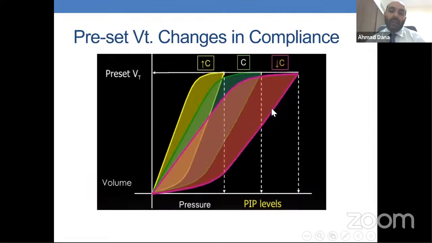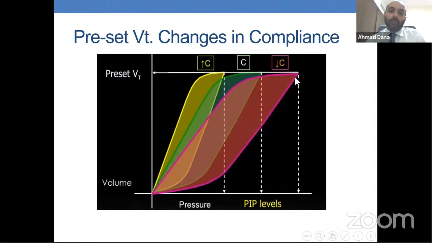Because with time, you give the surfactant and you control the volume. So with time, because the compliance is improving, you have to achieve that tidal volume which you set as a volume guarantee. You need less pressure. Why? Because the compliance is improving.